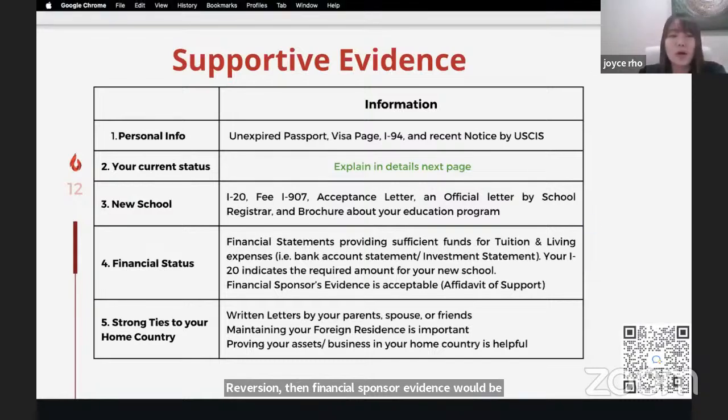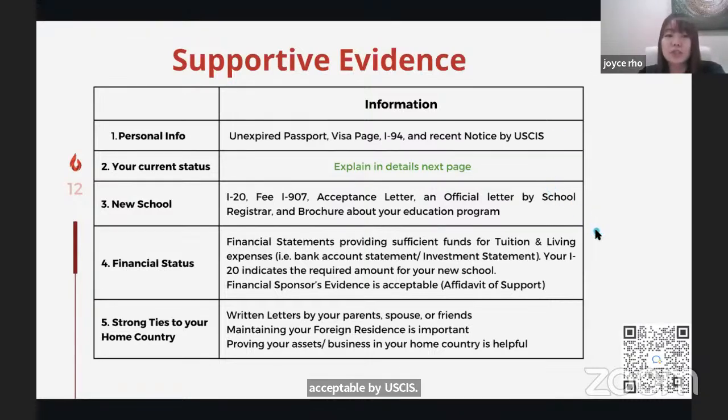And then the last part, strong ties to your home country. This is a very important thing too, but I noticed that many people are not aware of this importance yet. As a non-immigrant status person, you have to show your intent to go back to your home country upon completing your education. This is a change of status from one non-immigrant status to another non-immigrant status.